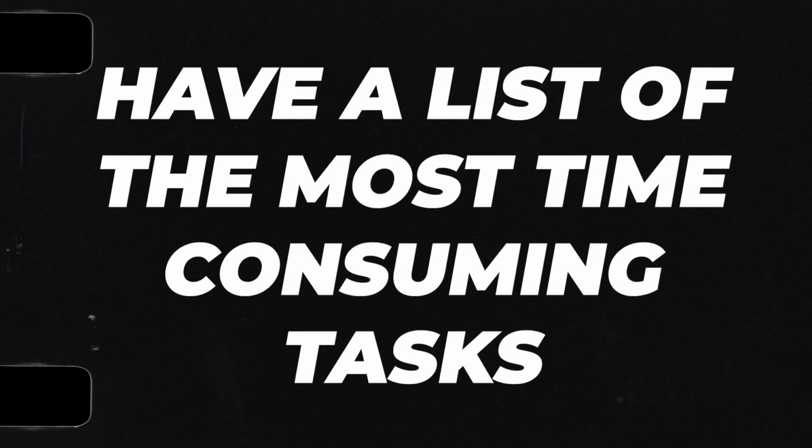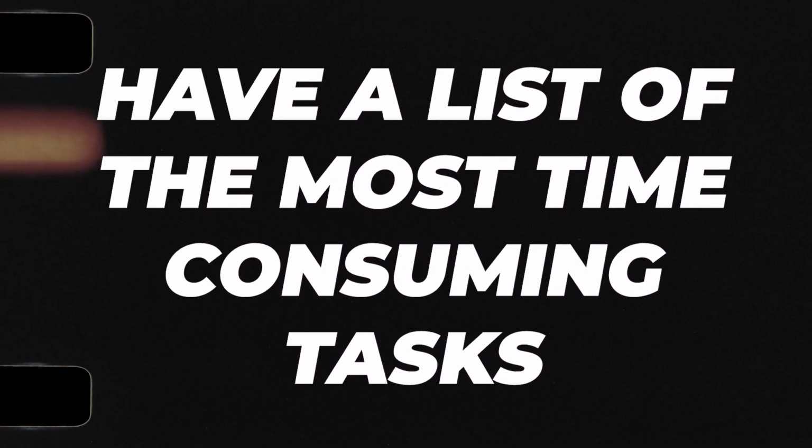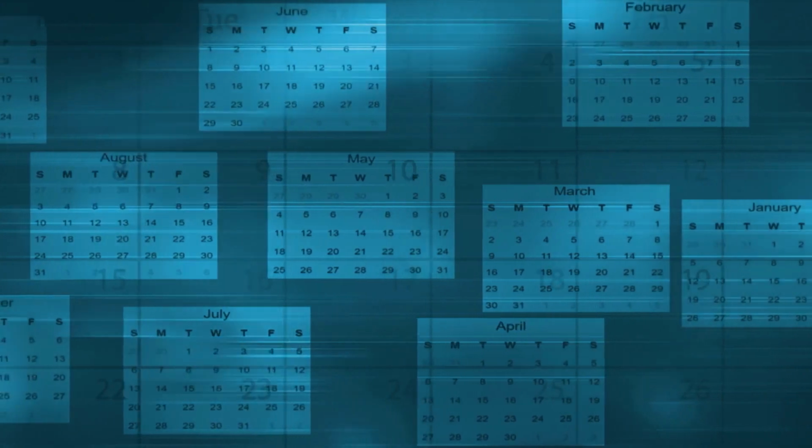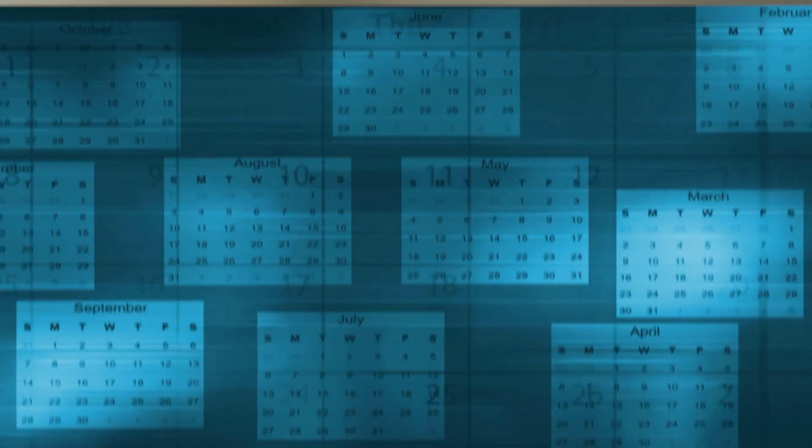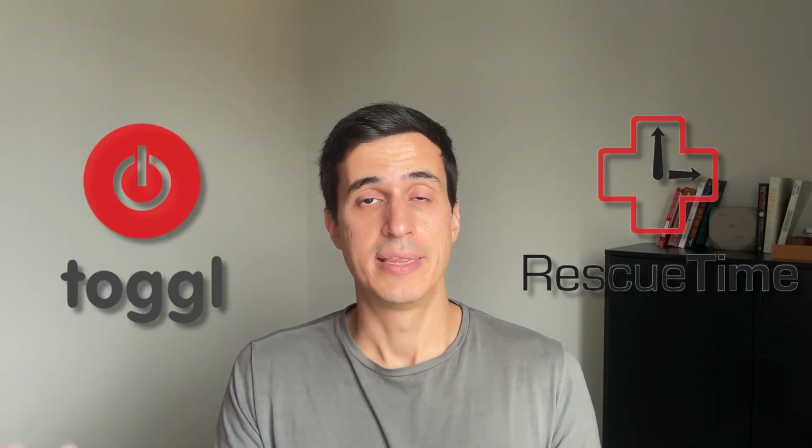So you should start having a list of the most time-consuming tasks that you or your team members have to do every day, every week, or every month. And to help you figure that out, you can use tools like Toggl or RescueTime that you can download on your computer, and you can start identifying where you are spending the most time in your day-to-day work.